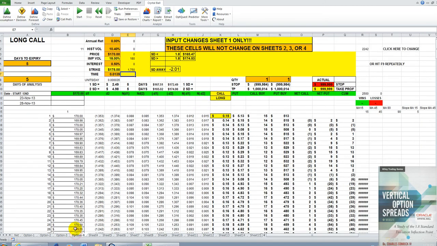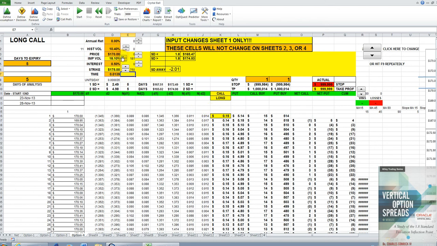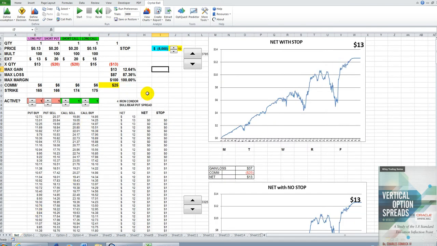And tab option 4 is the long call, where you can control your strike price, the implied volatility, and then the long call price by adjusting the implied volatility. Then come back to your net sheet to actually look at, okay, what does everything I've done on the first 4 sheets look like? And then I'll run my crystal ball analysis.